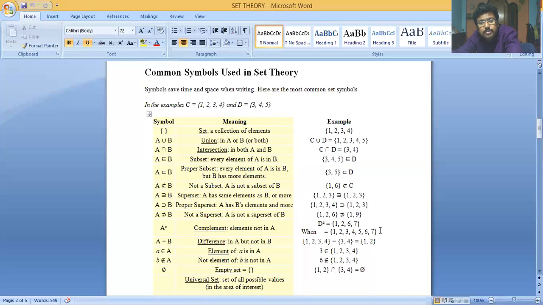The complement of the complement of D represents elements not in A. These elements are not in here.